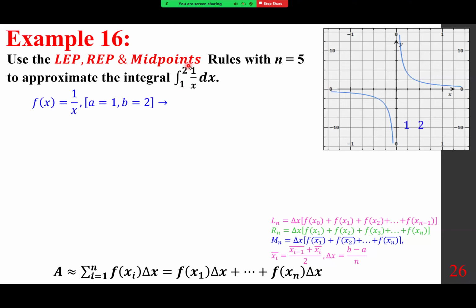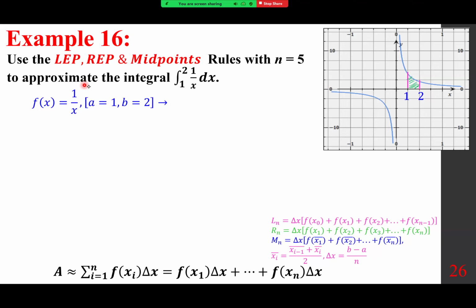That means from 1 to 2, we want this area. And we are going to approximate it by cutting this into 5 regions. We'll discuss the exact area later on, but that's the idea.